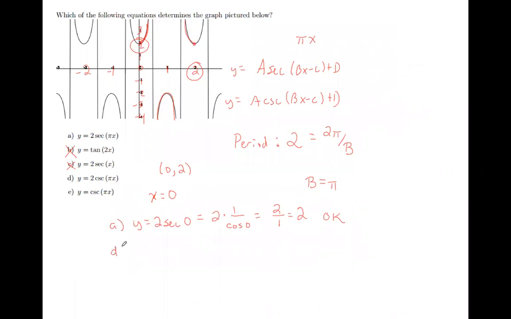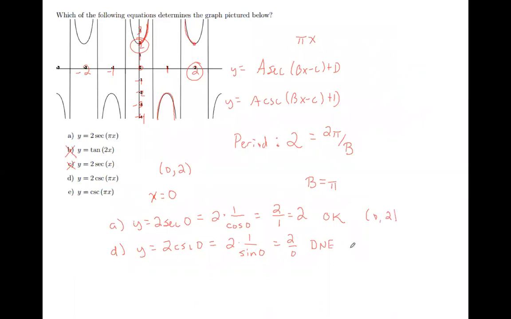Okay, looking at answer choice D, y would be 2 times the cosecant of 0, which would be 2 times 1 over the sine of 0, which would be 2 over 0, which does not exist. Okay, so our first answer choice here has a point at (0, 2).